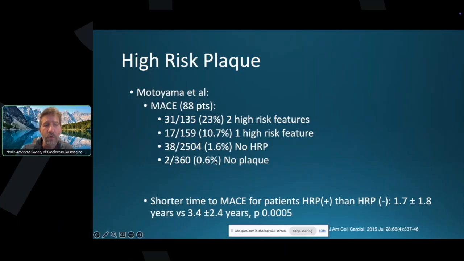This study showed that the more high risk features, the higher your risk of MACE when followed at 2 years. And in fact, these patients presented with MACE at a shorter time than those that didn't have high risk plaque. So overall, whenever you see high risk plaque, this patient is at higher risk for developing MACE at a shorter time.